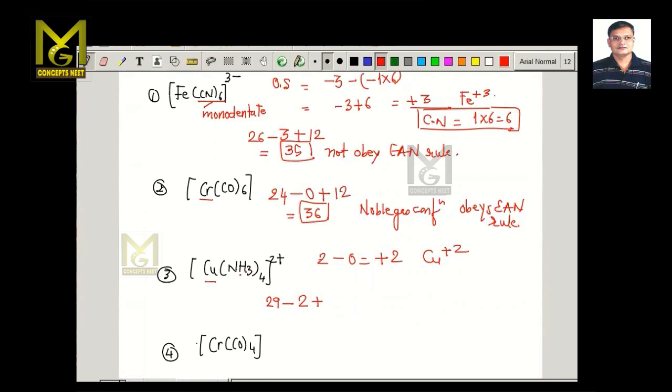This is monodentate, so 2 into 4 is 8. So the answer is 27 plus 8, which is 35, and in this case it does not obey the EAN rule.